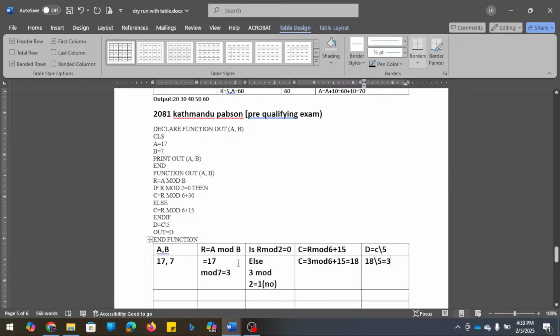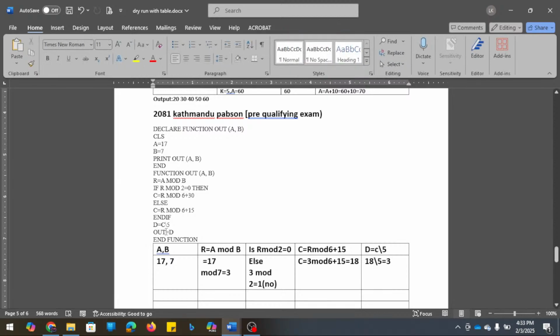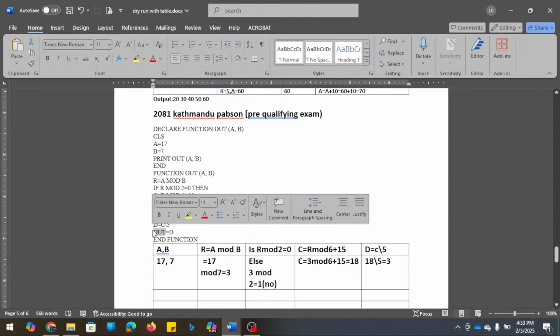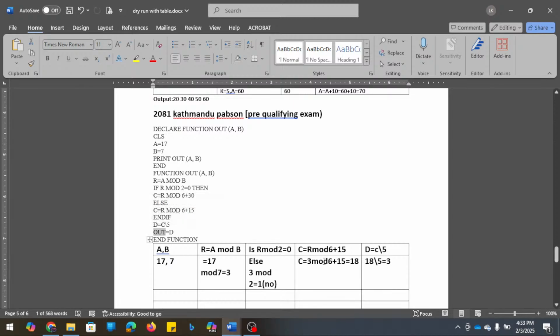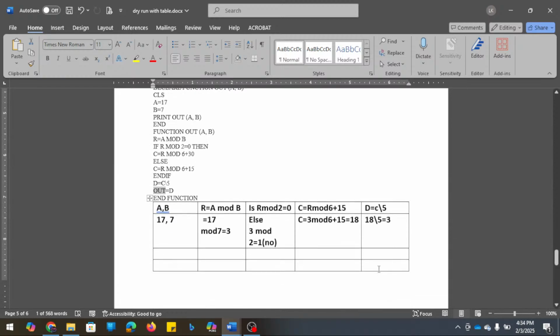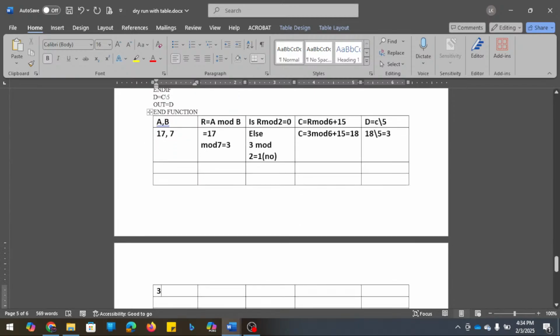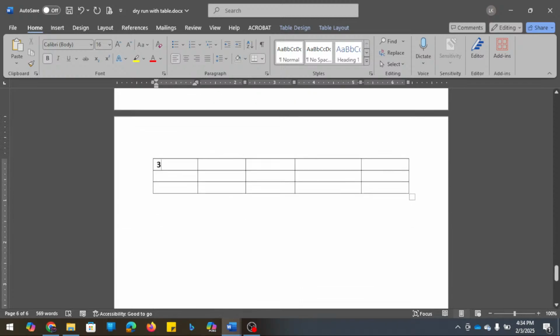And that 3 is stored in this D. Out, that is a name of function here. So that is stored in out. So that's all. So it means we are going to get there 3. So 3 is the output here.